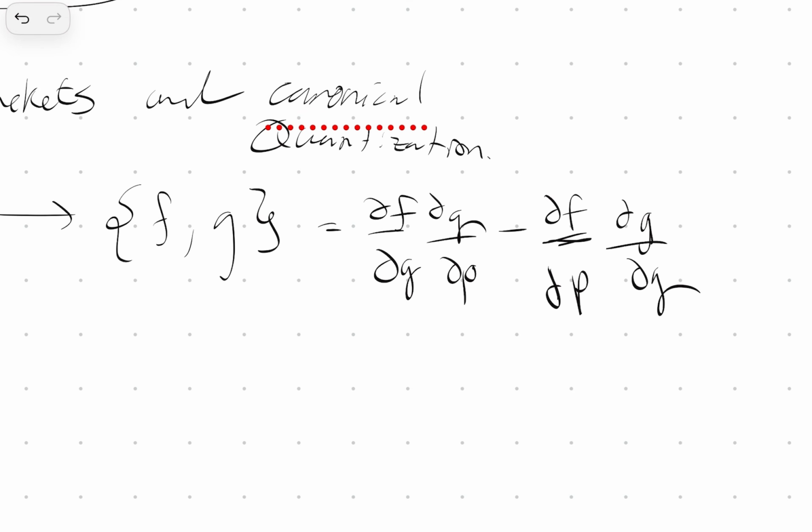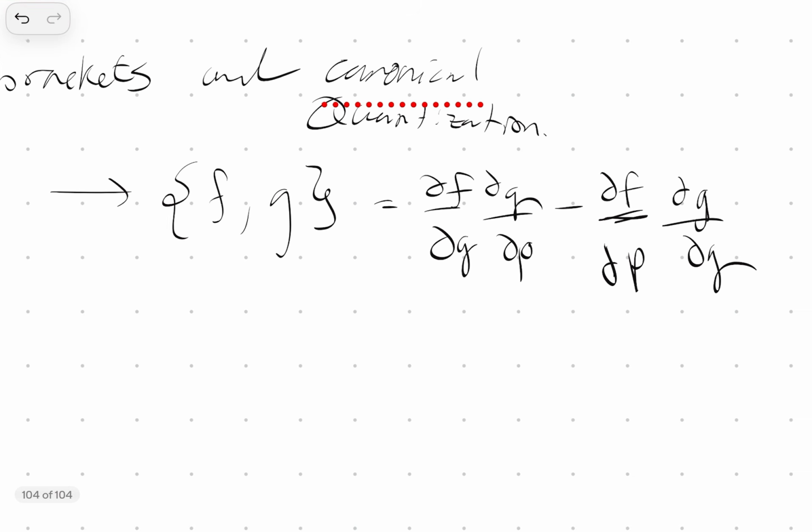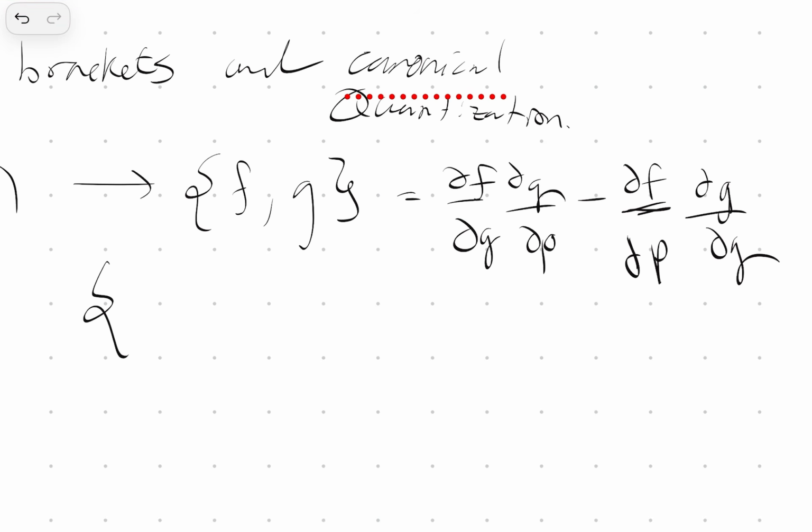And of course we define Q and P in phase space. The Poisson bracket of these two should be 1.